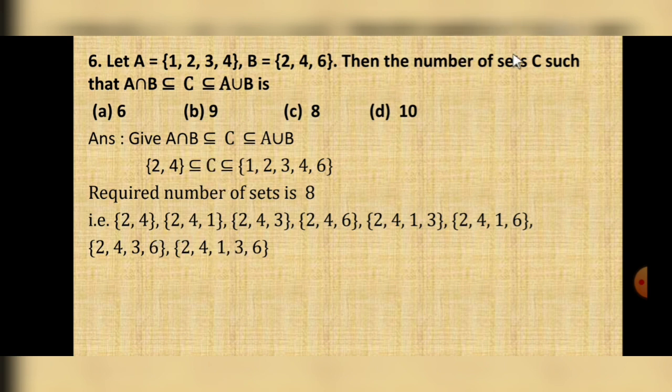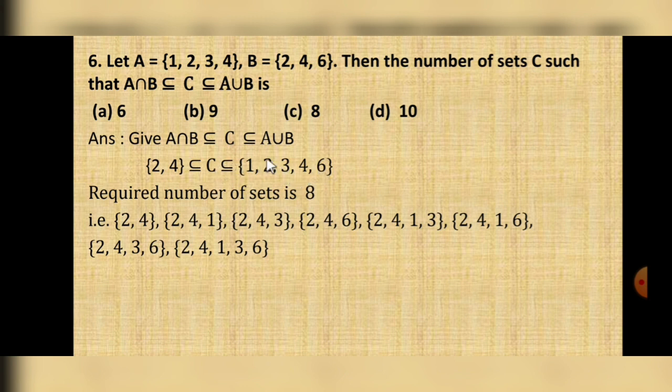So these are the total number of sets here which satisfy this condition. If you want to remember without writing the sets, the easy formula is: you take 2 and 4, which are here. Except these terms, what are the remaining elements we get? The remaining elements are 1, 2 and 3.